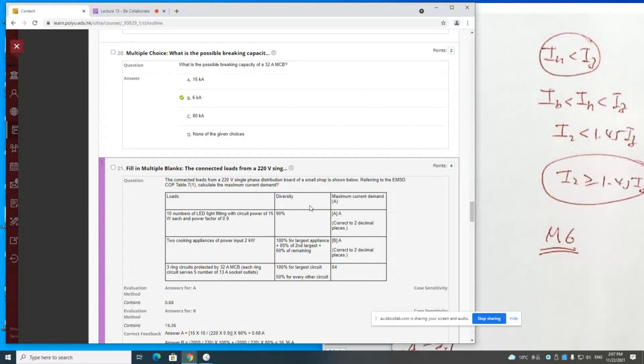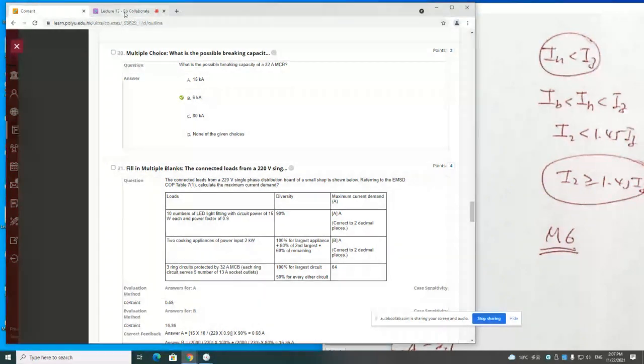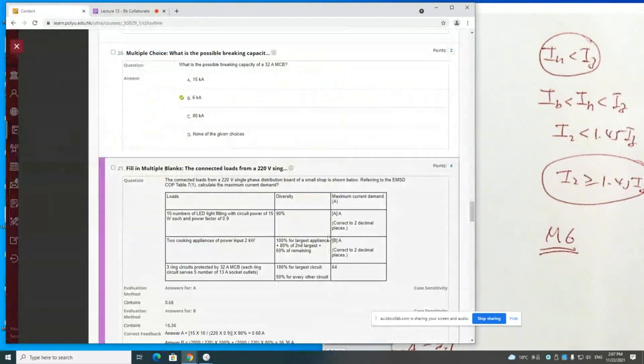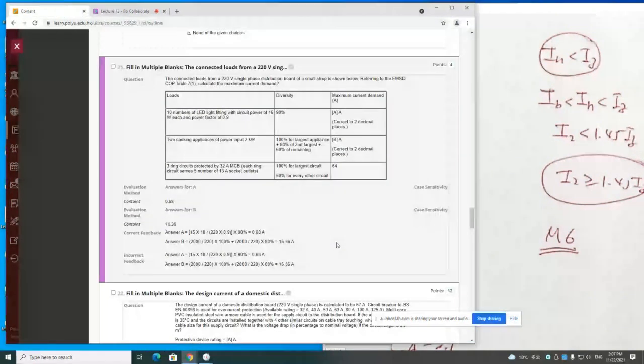Those are the MC questions. Is there anything about the answers for those MC questions? For the other 9 short questions, the answer steps are provided.